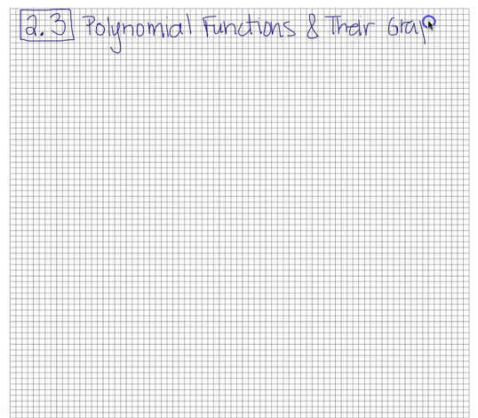So the first thing we should probably do is review what a polynomial function is. In order to be a polynomial function, two things have to be true. One is that they have whole number exponents.